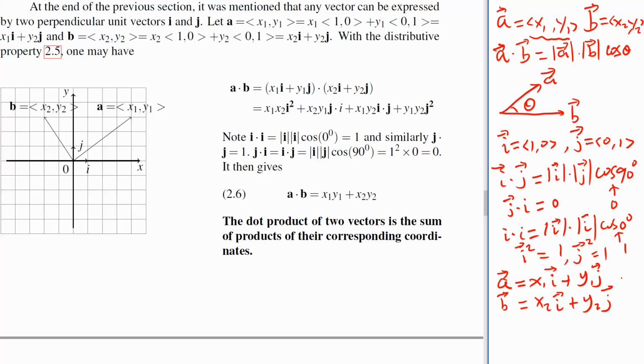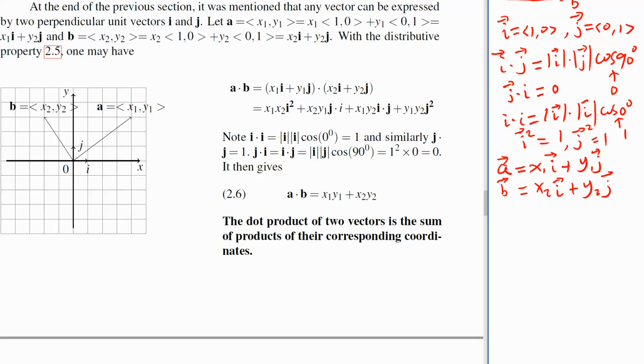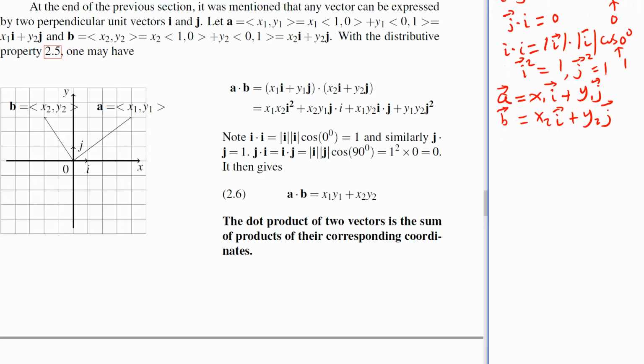And then what we like to see is how about A dot B? A dot B then will be A dot x2 I, this vector, plus y2 J, this one.